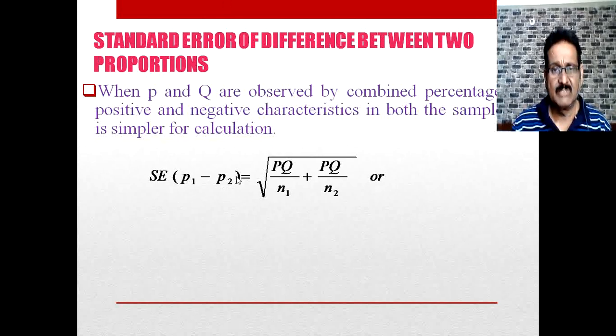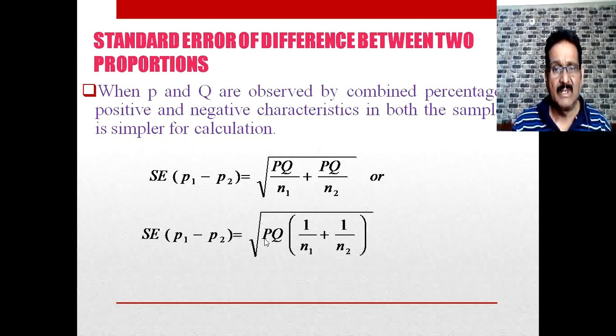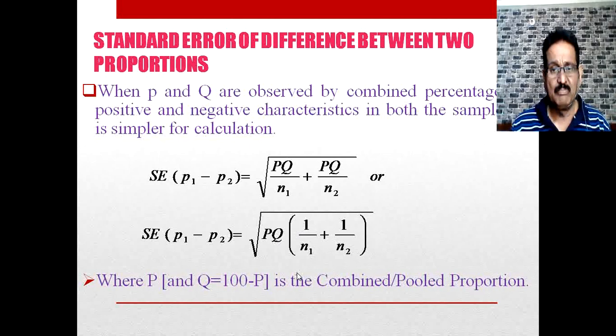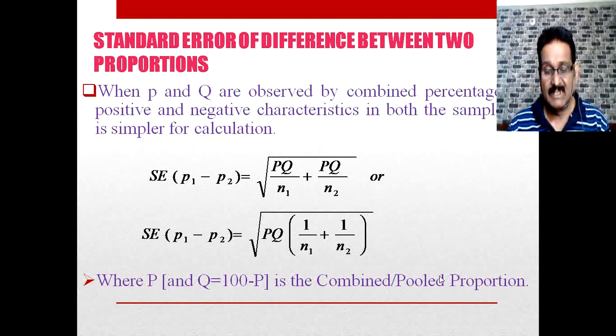So we can use this formula instead: standard error of P1 minus P2 equals the square root of PQ upon N1 plus PQ upon N2, where PQ is the combined percentage of positive and negative characters. We can take PQ common and write it as PQ of 1 upon N1 plus 1 upon N2, where P and Q (100 minus P) are known as the combined or pooled proportion.